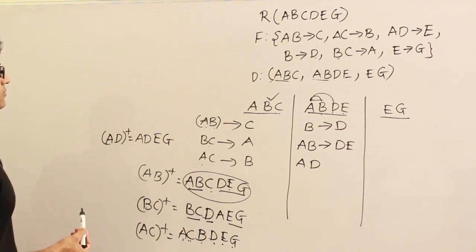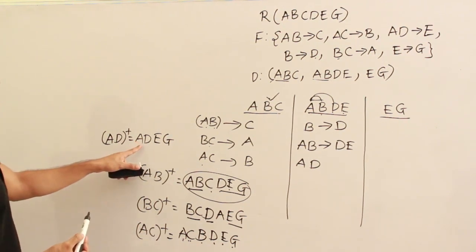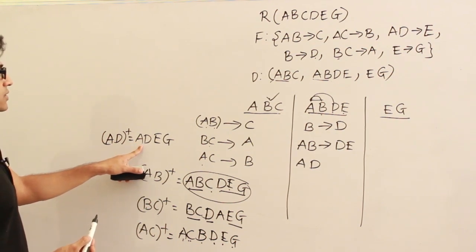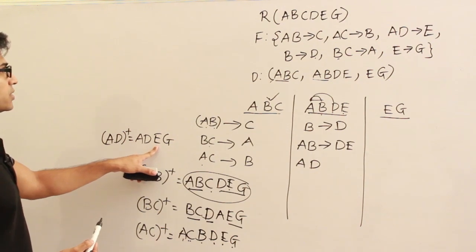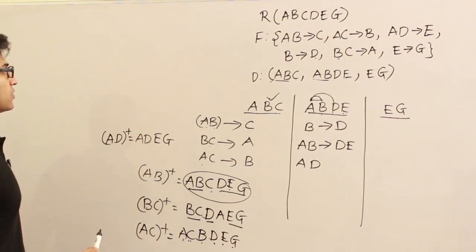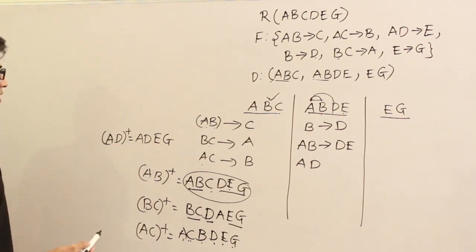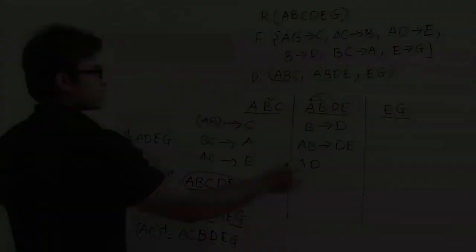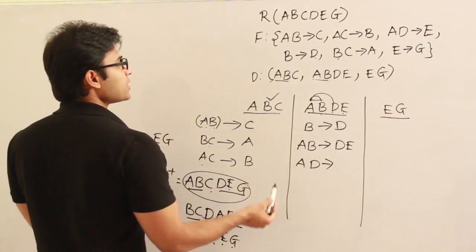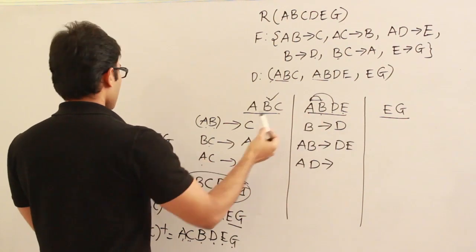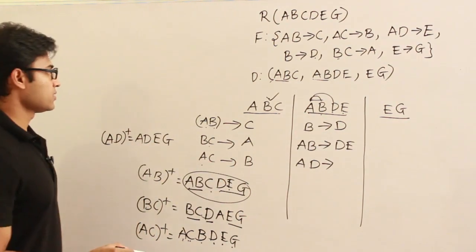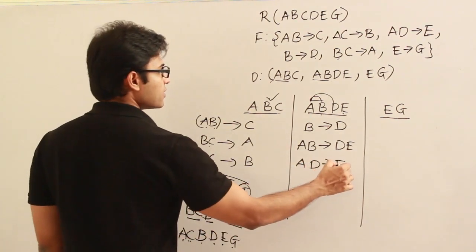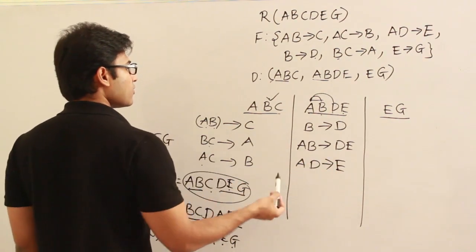I don't have AB, I don't have AC, I have AD, that is why I got E, and no B, no BC, and that's it. So out of these, what are present in this table? AD is already over and E is present, D is not present, therefore I can write this. So this is the dependency I got from AD.